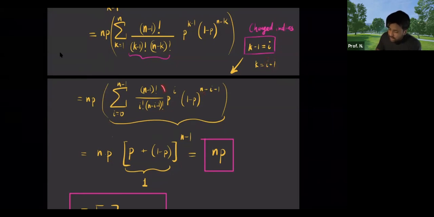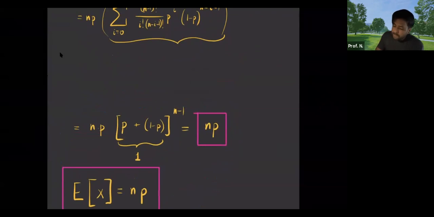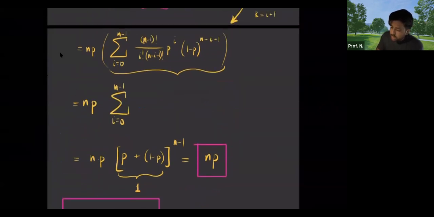The idea though is that this here, np, is the summation of i goes from 0 to n minus 1. This expression is n minus 1 choose i. This is p to the i. This is 1 minus p to the n minus i minus 1.